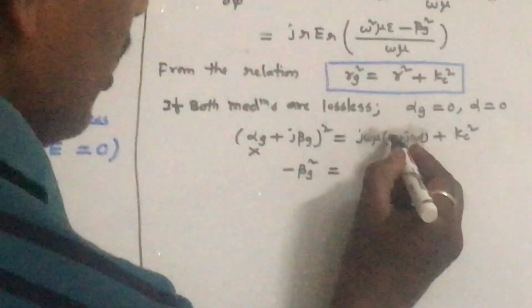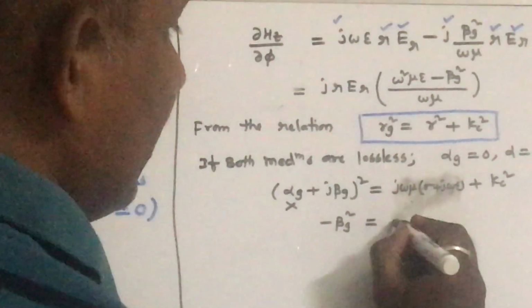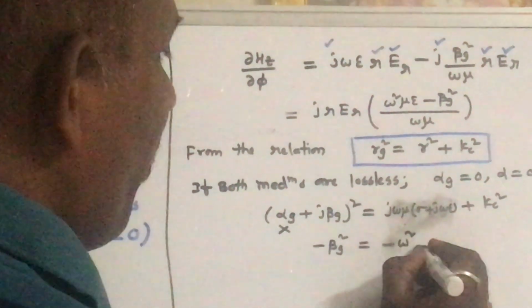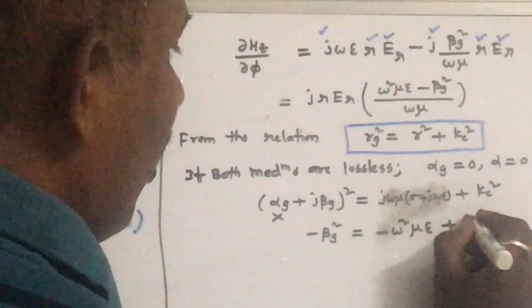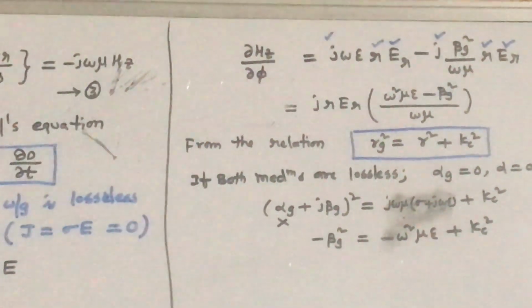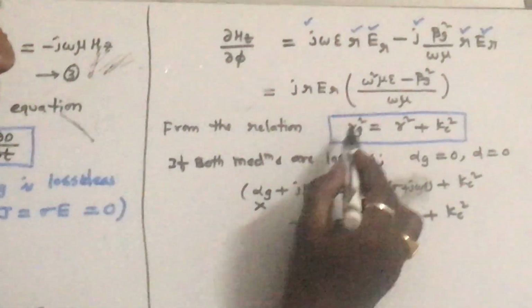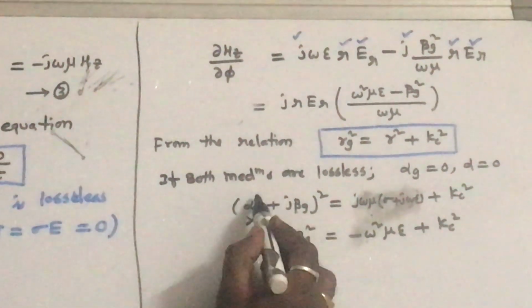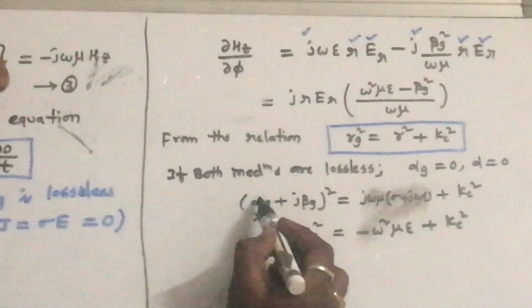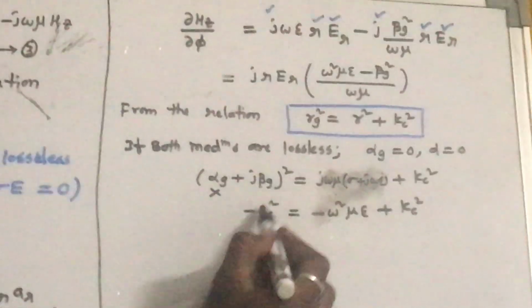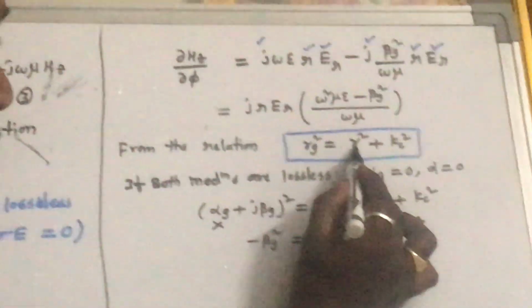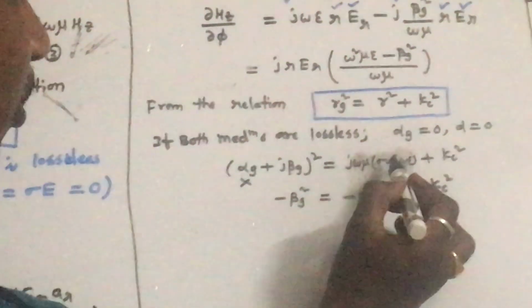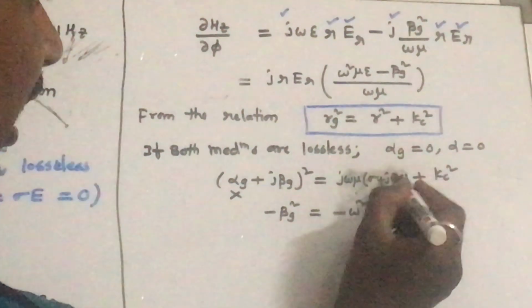So therefore, sigma is equal to 0. This is written as minus omega square mu epsilon plus Kc square. Remember carefully, gamma square is written as alpha plus j beta. Alpha, there is no attenuation. So therefore, j square minus 1 minus beta square. Gamma square from electromagnetics is j omega mu into sigma plus j omega epsilon.